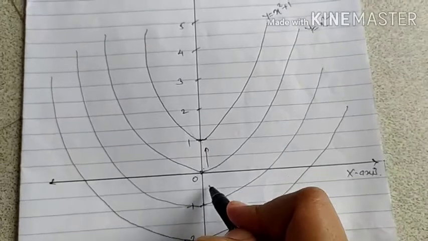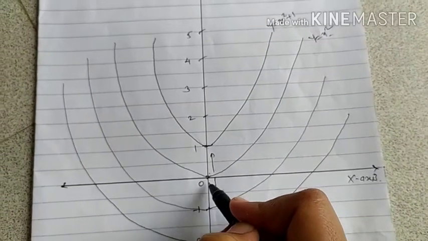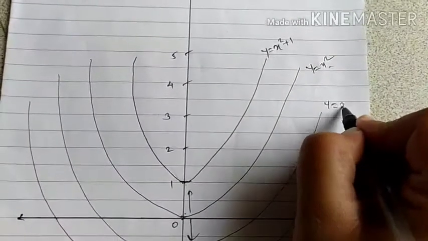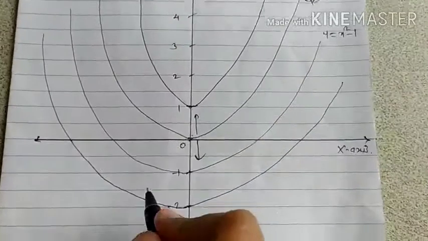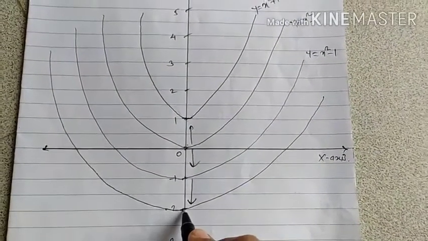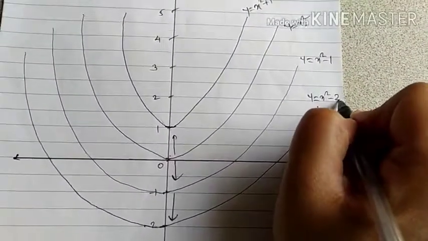Similarly, we can go downwards also. So y equal to x square now becomes y equal to x square minus 1. Similarly, if we shift it again by 1 unit, it will be y equal to x square minus 2.